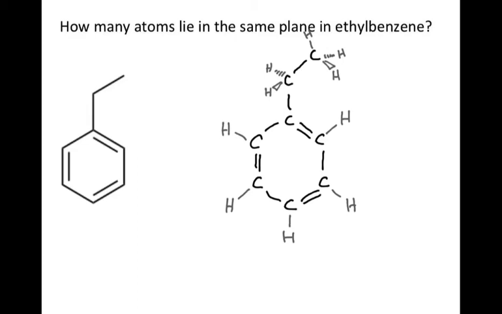So now you have to go around and look at this and think, what is the geometry on each of these atoms that makes more than one bond? I'm just going to pick a carbon atom in the ring down here and start there. Each one of these carbon atoms in the ring has a double bond to one side, and then a single bond to two of the other sides.